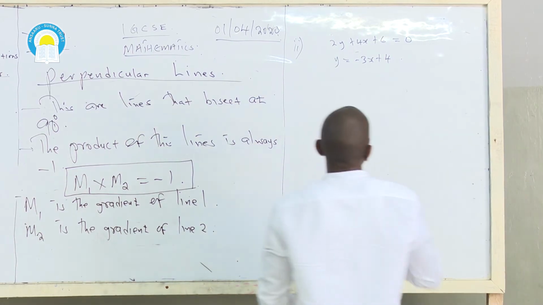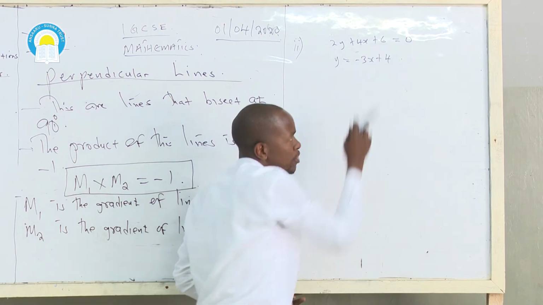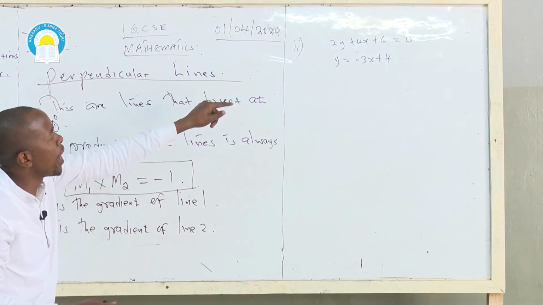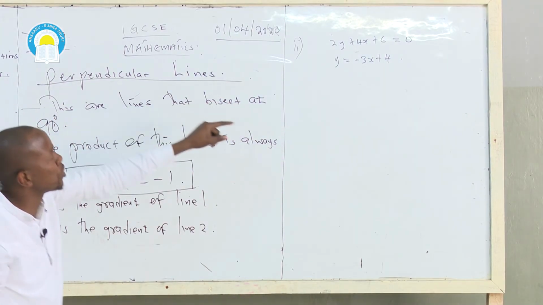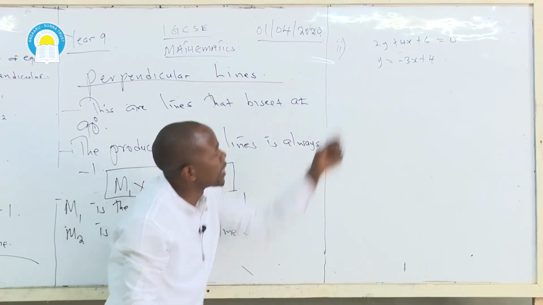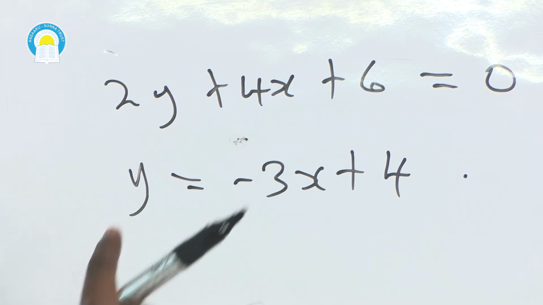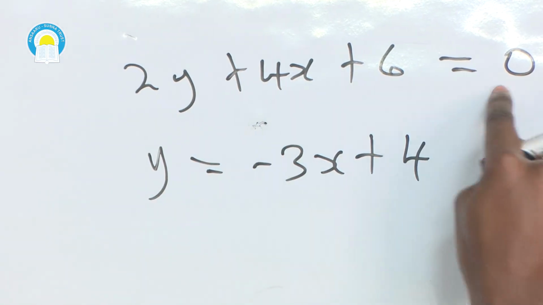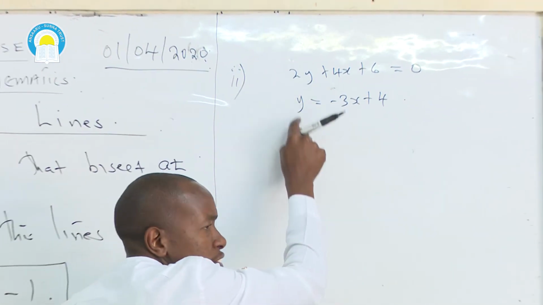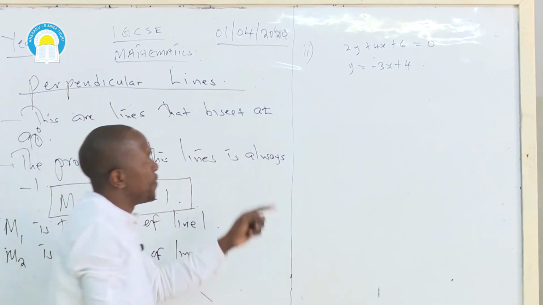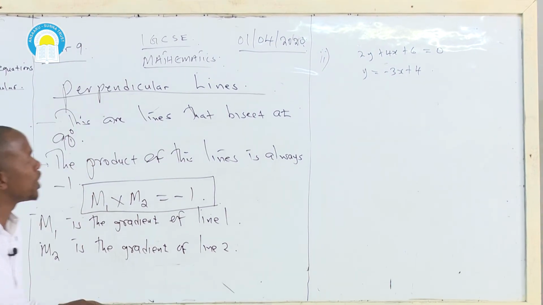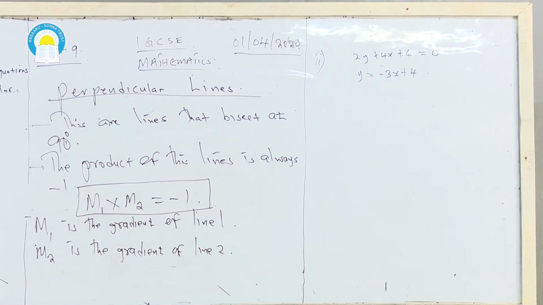Now, you realize you cannot state the gradient directly. We are determining whether the pair of equations given are perpendicular, but you can only do that if you are in a position to state the gradients of the two lines, then multiply them and see if the result is -1.